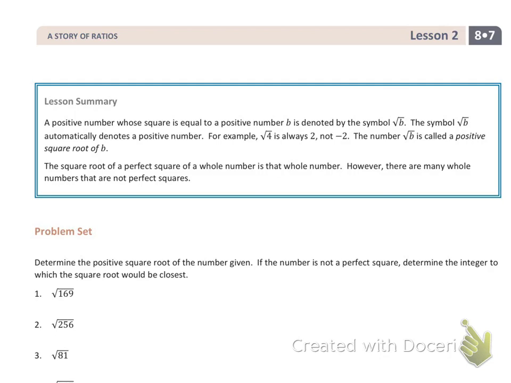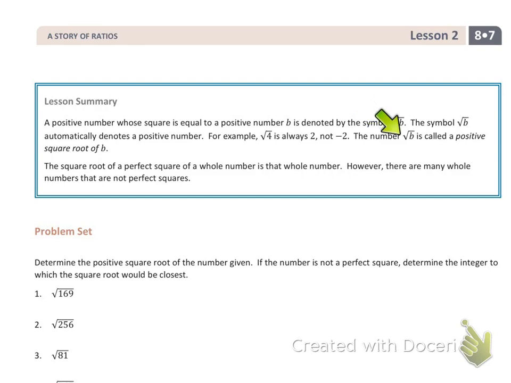Okay, so in our lesson summary, it talks about the fact that we've been introduced to this symbol right here. A positive number whose square is equal to a positive number b is denoted by the symbol square root of b. The symbol square root of b automatically denotes a positive number. For example, square root of 4 is always 2, not negative 2.